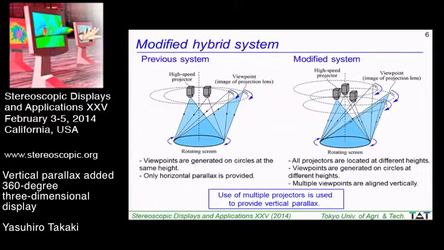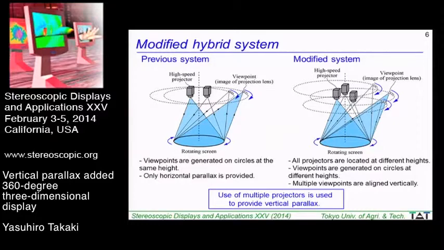Now I'll explain the modified hybrid system that can provide vertical parallax. The idea is very simple, so I think you can easily imagine the idea by seeing this slide. In the previous system, viewpoints are generated on a circle at the same height, therefore only horizontal parallax is provided.